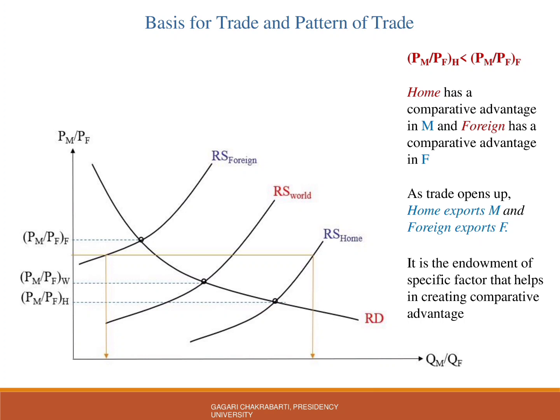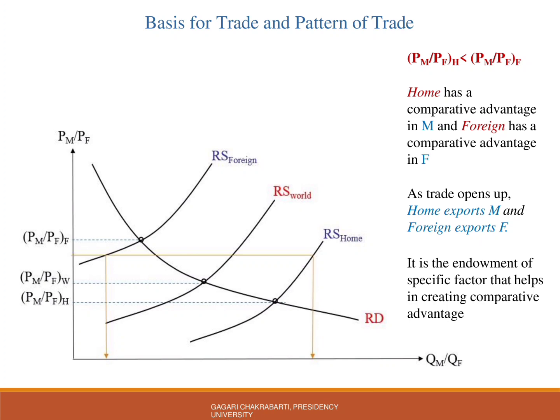Therefore, the home country will be producing relatively more of the manufactured commodity rather than the food. So, as we have just described, the home country's relative supply curve will be lying to the right of the foreign country's relative supply curve.